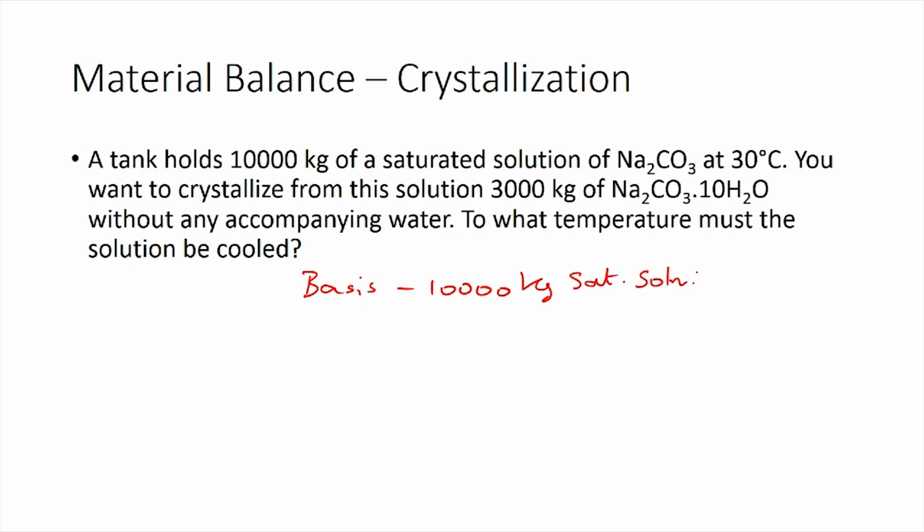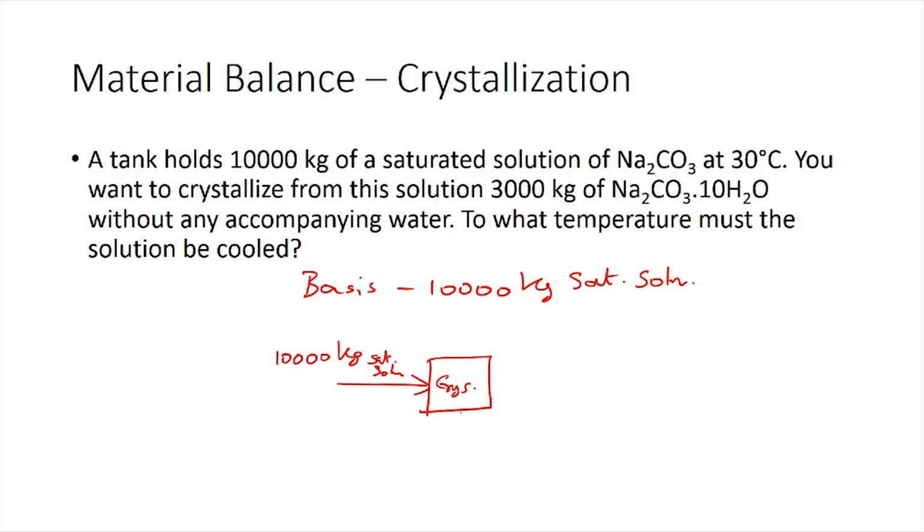Now, we need to identify the flow chart which will describe this process. So, we have a crystallizer and we have one feed, which is the saturated solution entering as 10,000 kilograms, and we have two different streams which will come out.